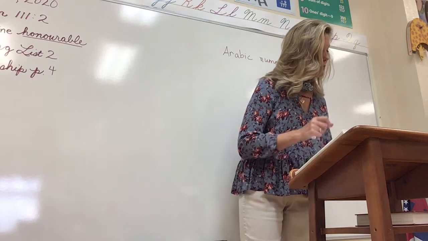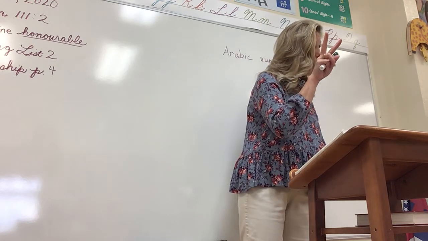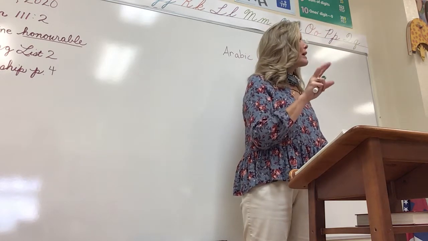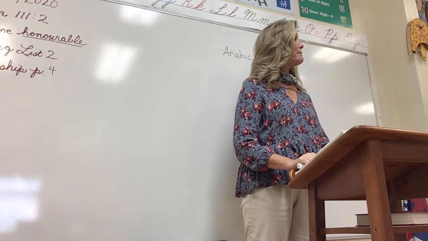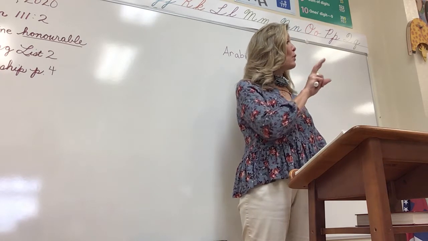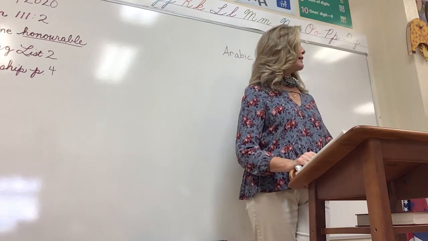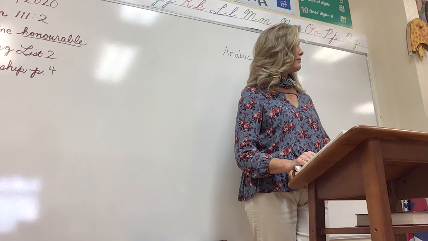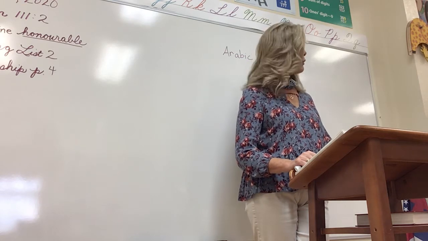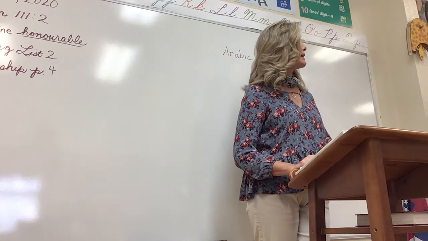All right, so what are the two forms that number is communicated in B? BJ, what are the two forms that the number in B is communicated? What forms do you see it communicated in B?